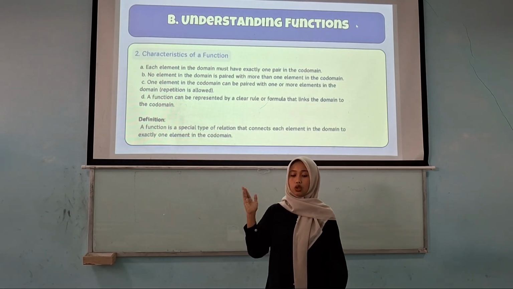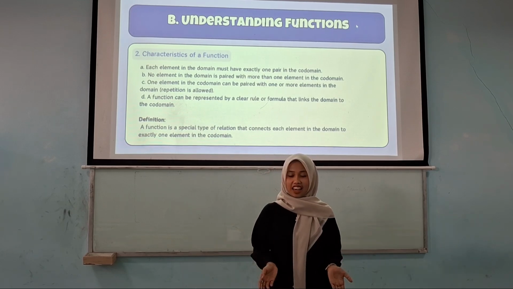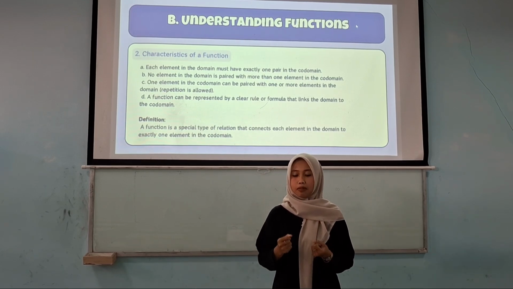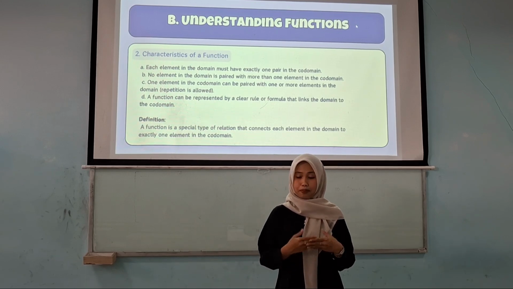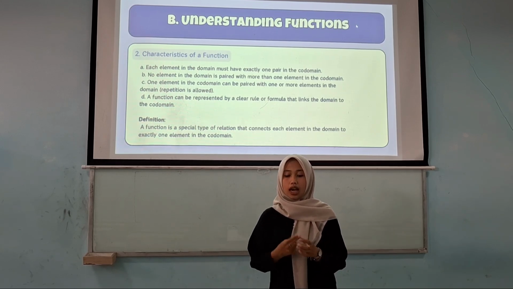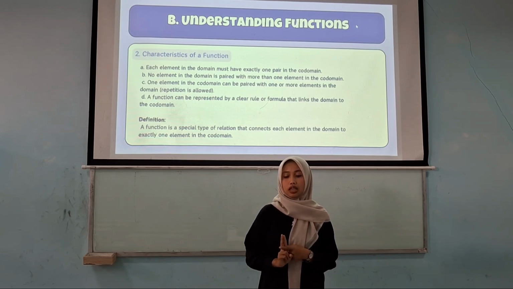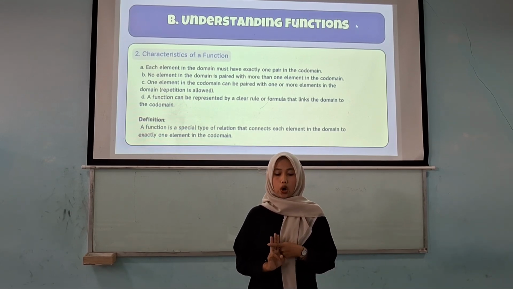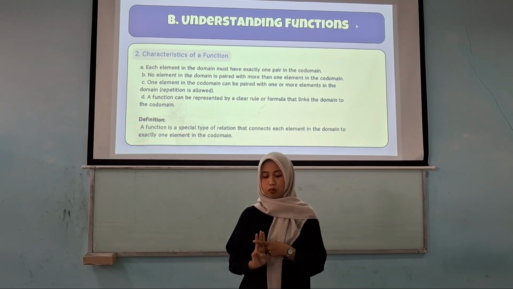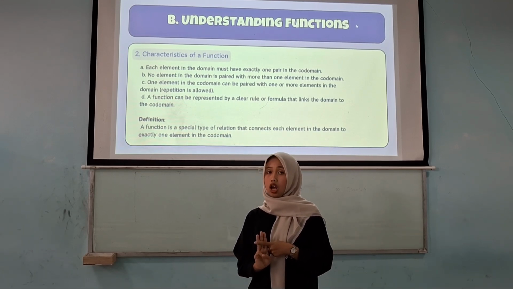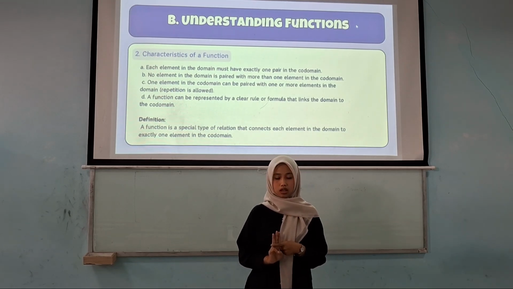Understanding function, part two. Characteristics of a function. A: each element in the domain must have exactly one pair in the codomain. B: no element in the domain is paired with more than one element in the codomain. C: one element in the codomain can be paired with one or more elements in the domain, so repetition is allowed.